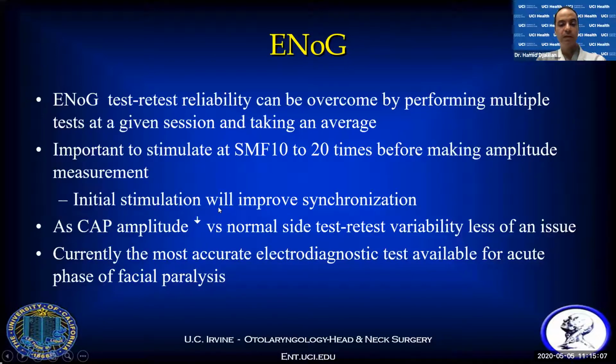The initial stimulations will help improve that synchronization, which is what you want. You want ideally for everything to be synchronized so that you can get that one big compound action potential. And the other thing is to potentially do it a couple times and then average the numbers for one side versus the other side.